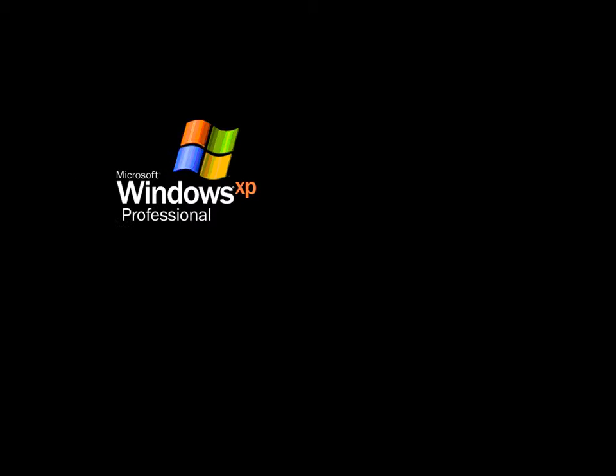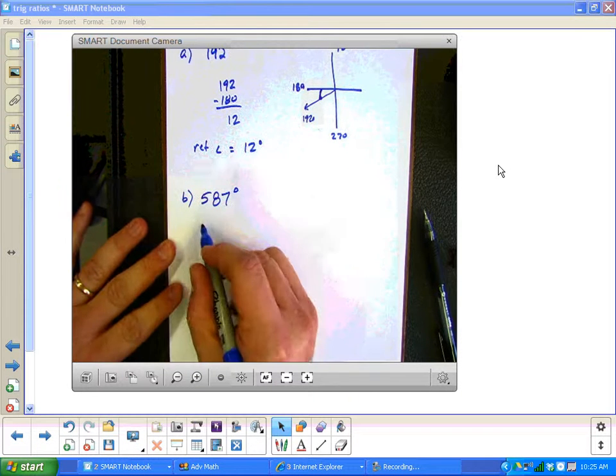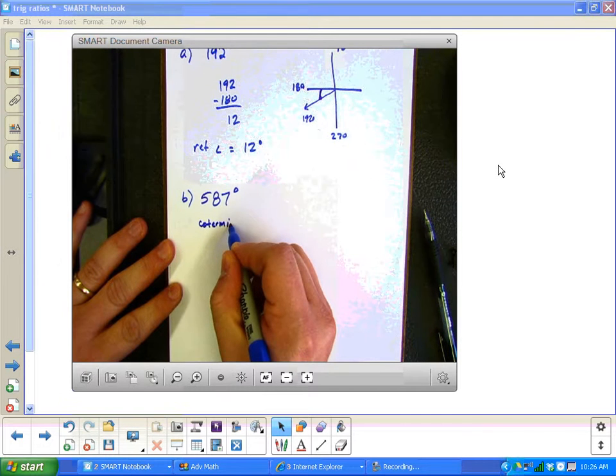If we can get it in between 0 and 360, then we can tell what quadrant it's in, right? You get what I'm saying? Okay. So what are we trying to find first instead of a reference angle? What's that term? Coterminal angle. Okay. So if we can find a coterminal angle first, then we can figure out the reference angle. So let's go for the coterminal angle first.